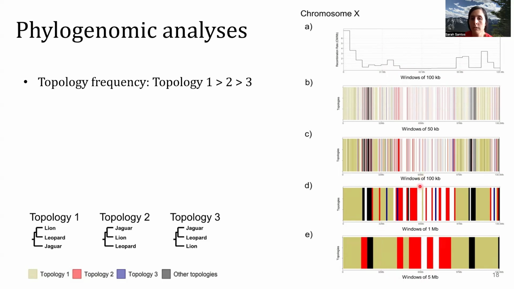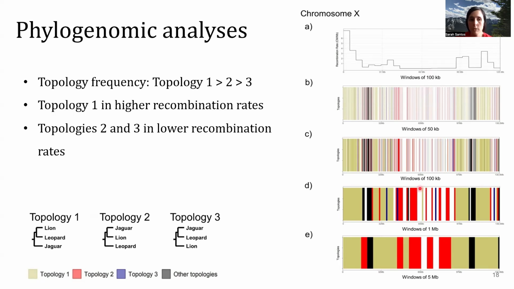We also have some of topology 3, so jaguars and leopards. But topology 1, which is the majority of the genome, is placed in higher recombination rates, independent of the chromosome. But here is a very specific example of that. So they're just placed in these higher recombination rates compared to 2 and 3, which are in lower recombination regions. So just really confirming what we had previously established, but using different window sizes across the genome.